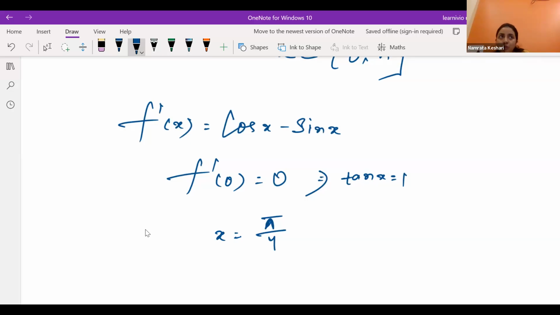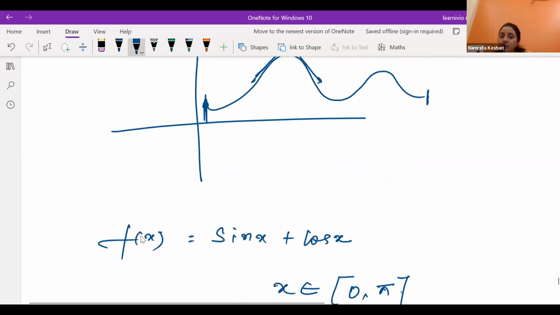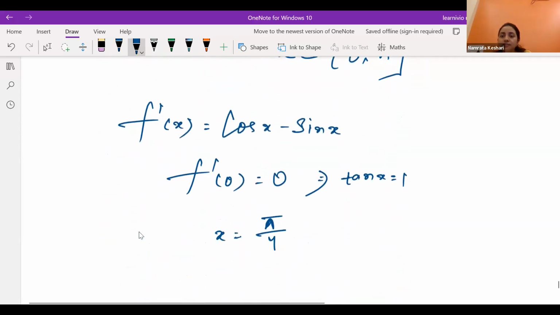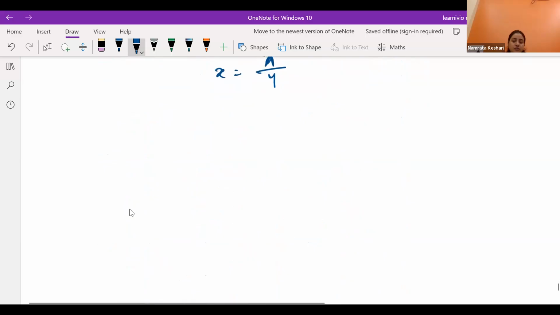For finding absolute maximum and minimum, we have to check the function's value at the extreme points of our interval and at the critical point, and then we declare which one is the absolute maxima and which one is the absolute minima. Right, Fatima? So you will be able to do it after this. Let's do the next one.